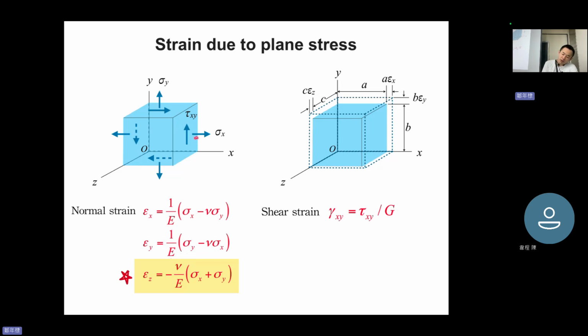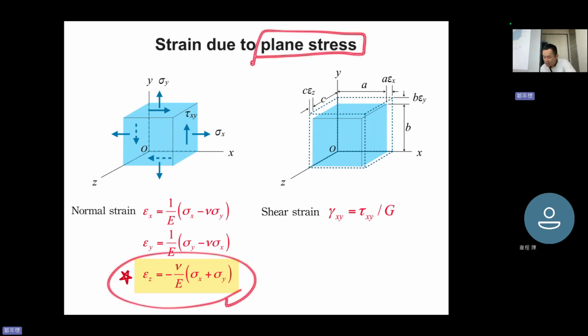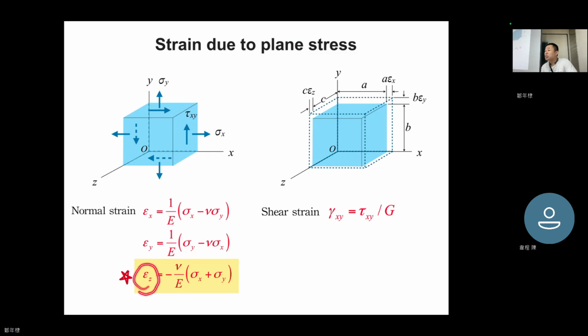Because you pull sigma x, it will reduce the z direction length. If you pull in the y direction, you will reduce the z direction as well. So you have negative contributions from the Poisson ratio in both x and y directions. Even plane stress has z strain. You need to be very, very careful.